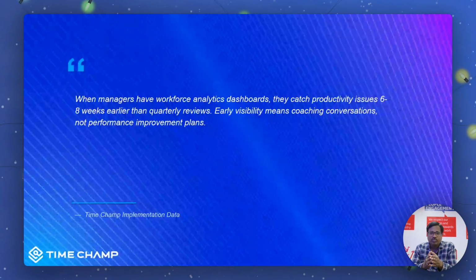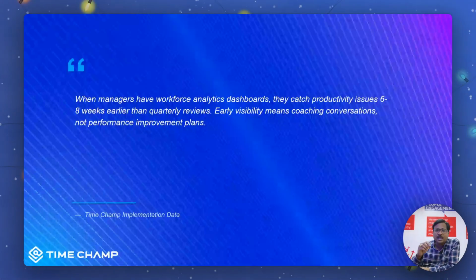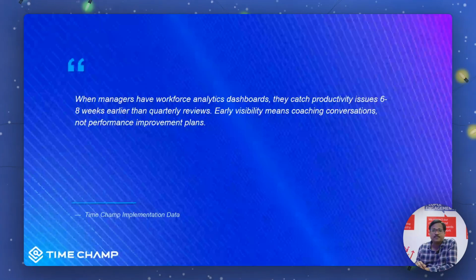And that brings me to the final point here, the manager's visibility multiplier. When managers have access to workforce behavior analytics dashboards, not to micromanage but to identify patterns, they catch productivity issues 6 to 8 weeks earlier than they would through traditional quarterly performance reviews.